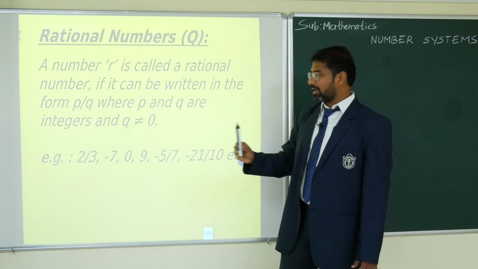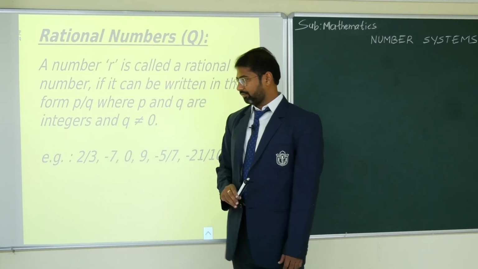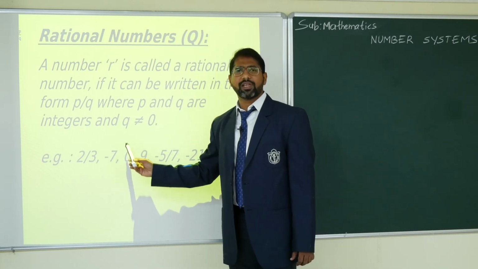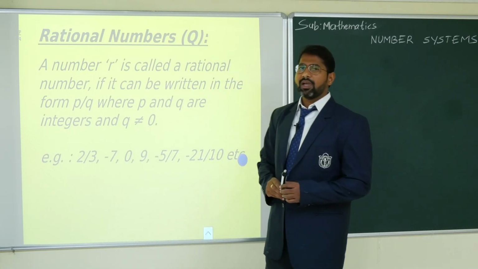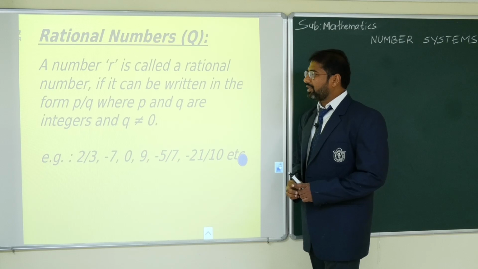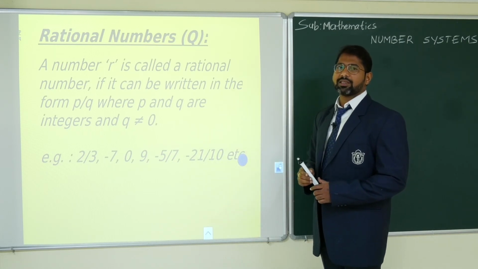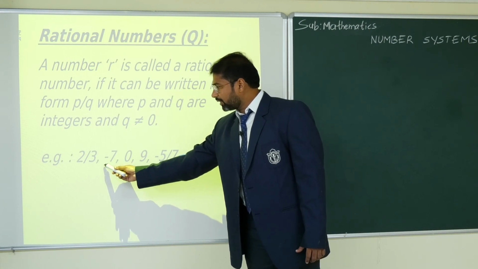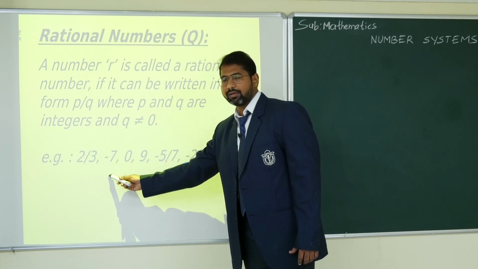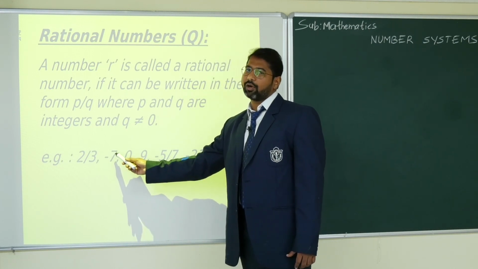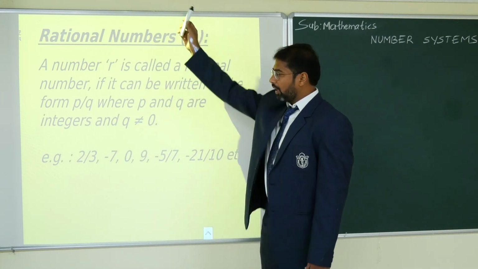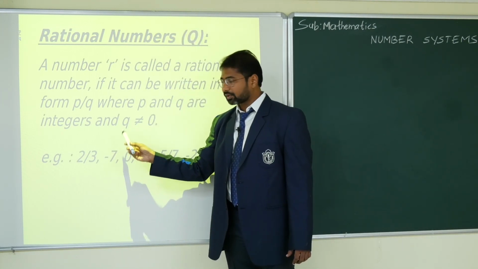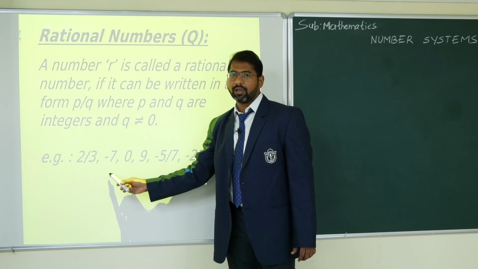Let us see the next example, -7. It is also a rational number because I can write -7 as -7 by 1. I can make the denominator 1, -7 by 1, without changing its value. Here P is -7 and Q is 1.